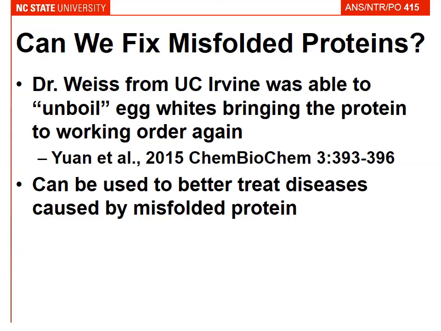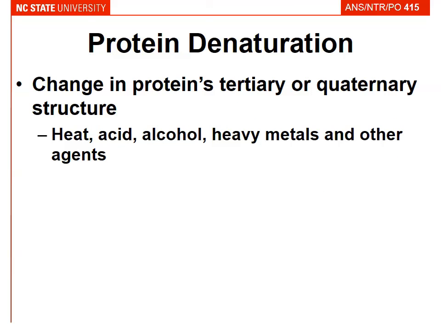So that's a pretty exciting field, and there are a lot of interesting things occurring right now, looking at fixing misfolded proteins. And along with that, typically when we're cooking food, we end up denaturing the protein, and this is some of the aspect of what Dr. Weiss is looking to reverse.